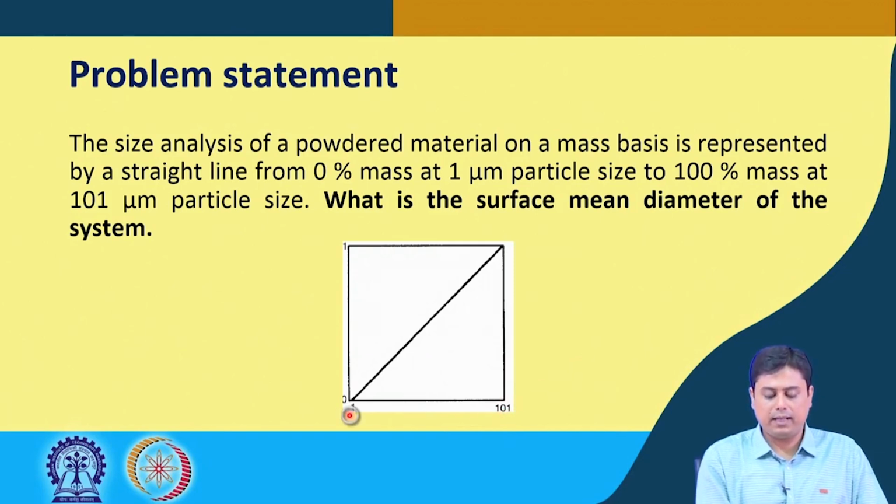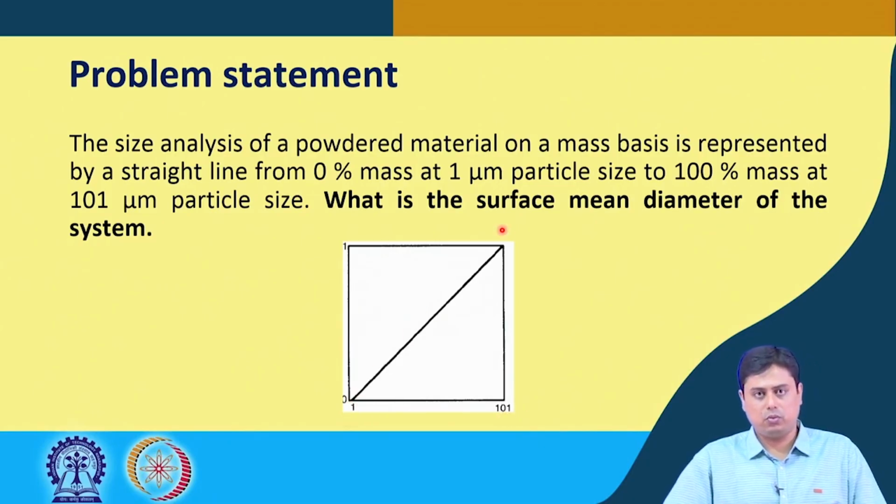So from 1 micron to 101 micron, we have a linear distribution. This is the size distribution curve that I showed last time. There was some non-linear variation, but in this case it is a linear variation. So we can easily find the expression of this line, and this will help us find the surface mean diameter asked in the question.